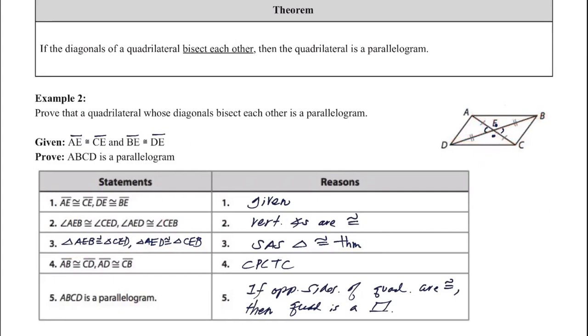For a similar reason, these two are congruent by CPCTC. Well, using the very first theorem that we learned in this particular lesson, we know that ABCD is a parallelogram, because if the opposite sides of a quadrilateral are congruent, then the quadrilateral is a parallelogram. All right, guys. So that's it.